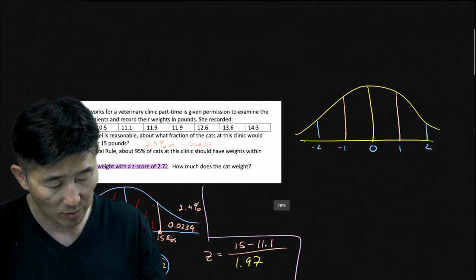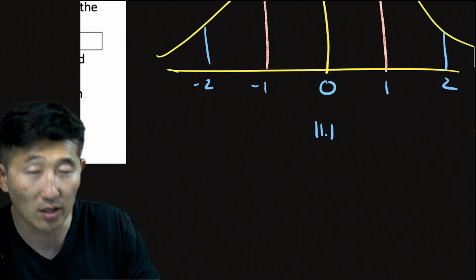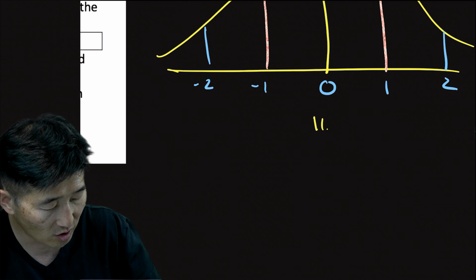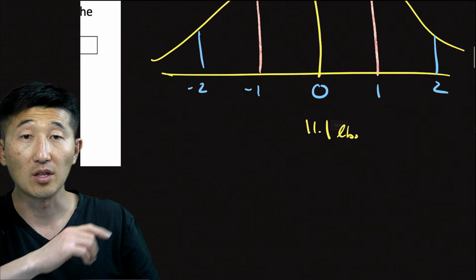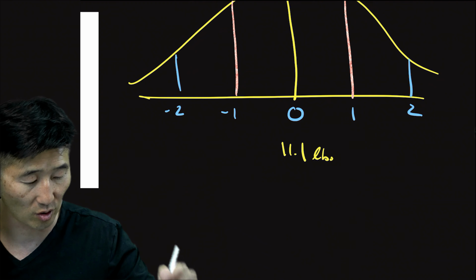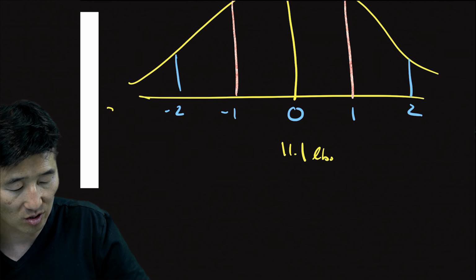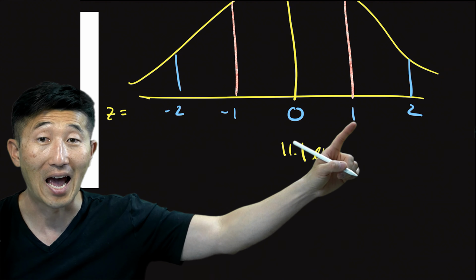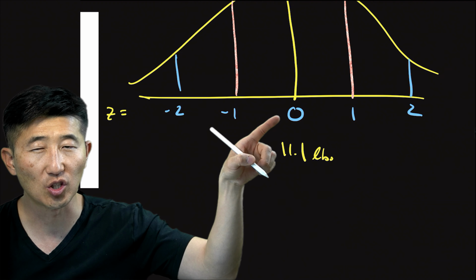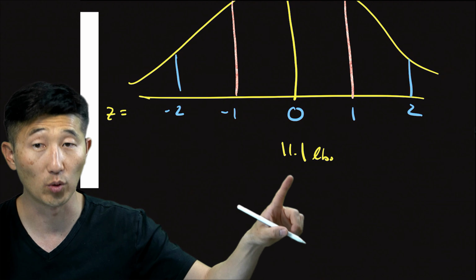So if you're right at the middle, you're 11 point what? 1. Let me draw it in a different color. The numbers 0, 1, 2, -1, -2, these are your z numbers, okay? The actual weight, I'm going to put right underneath. So if your z-score is 0, you are at 11.1.